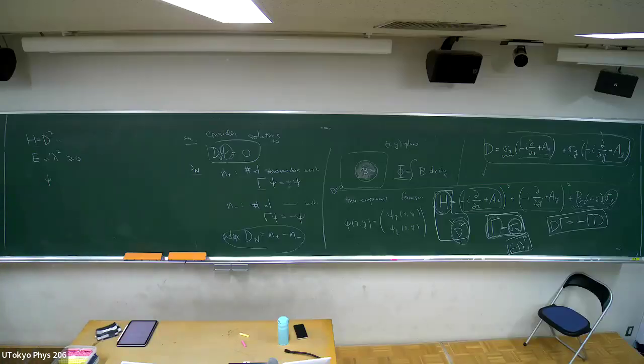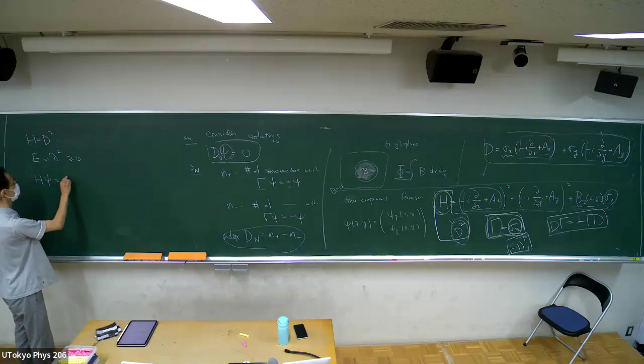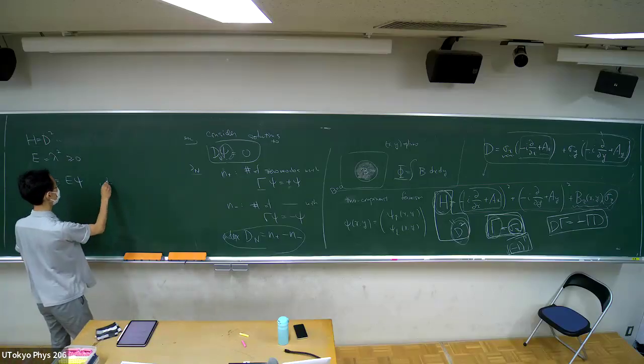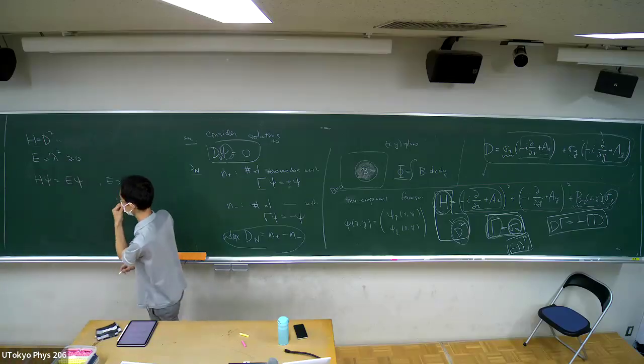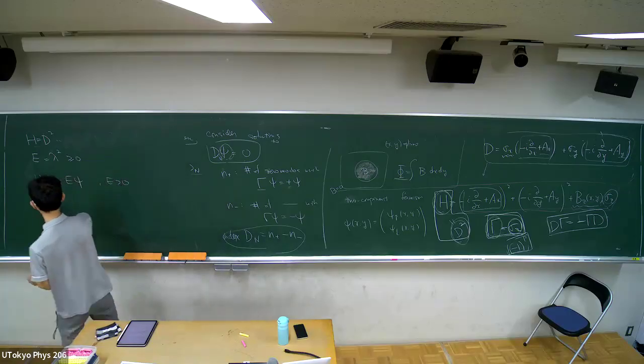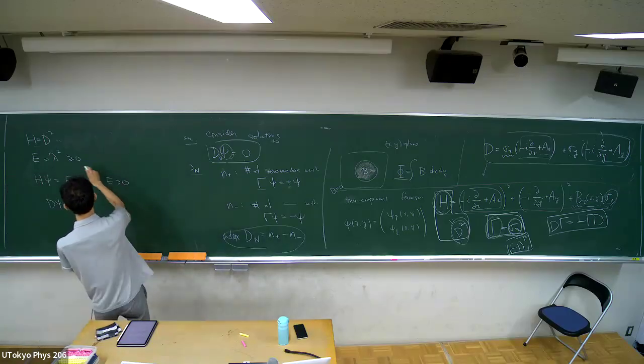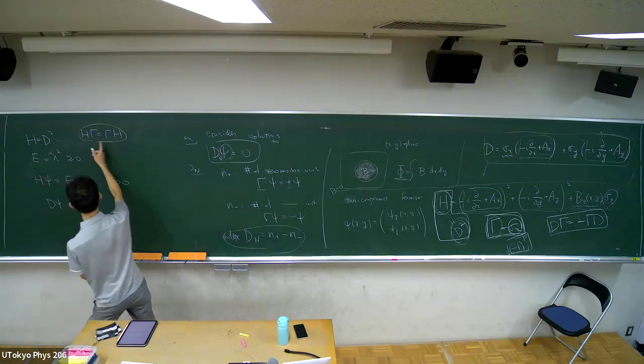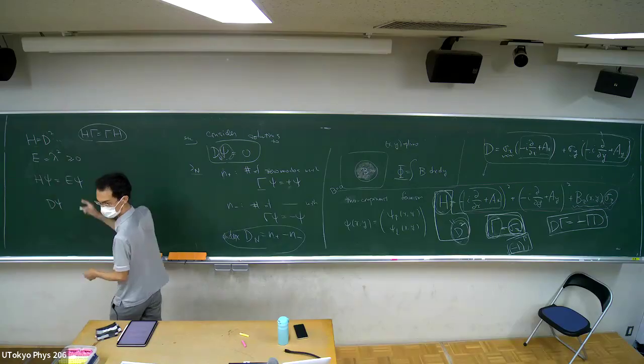And suppose you have an eigenstate with positive eigenvalue, right? Because H and gamma commute, we can simultaneously diagonalize them.